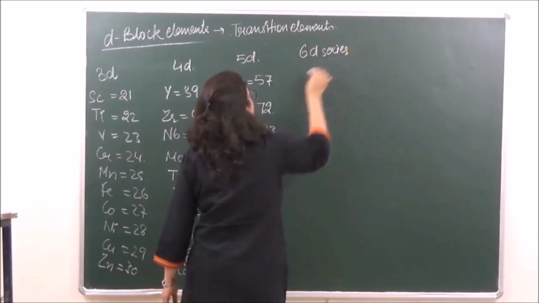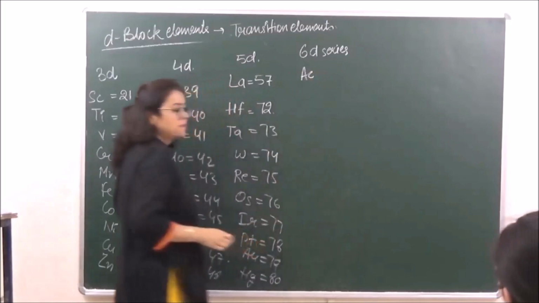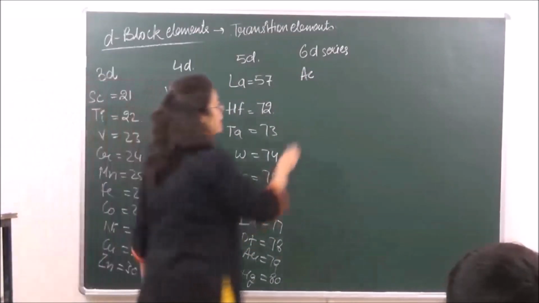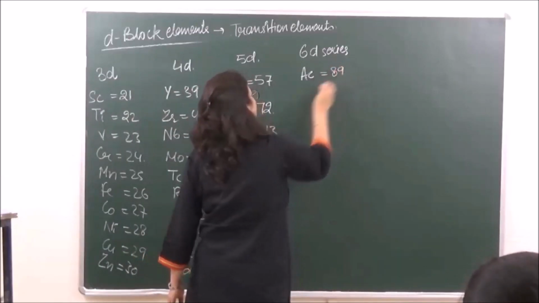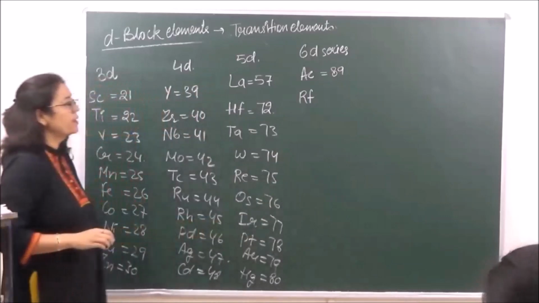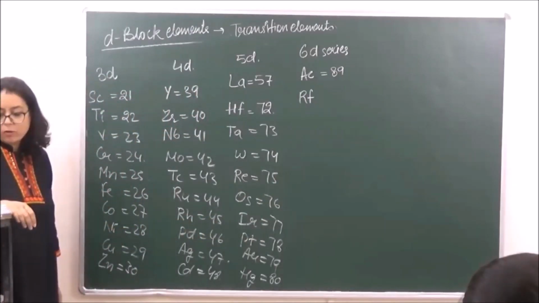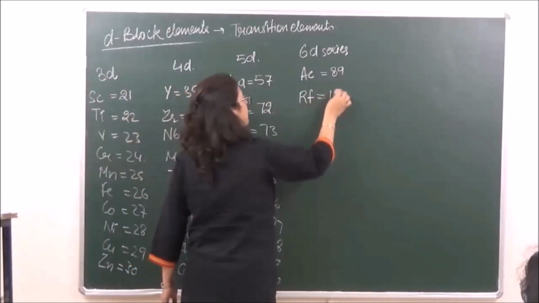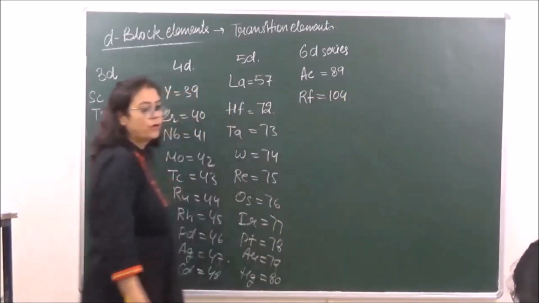The 6d series starts from actinium with atomic number 89. And then after that, the 5f is going to be filled over here from 89 to 103. So this is rutherfordium, 104.